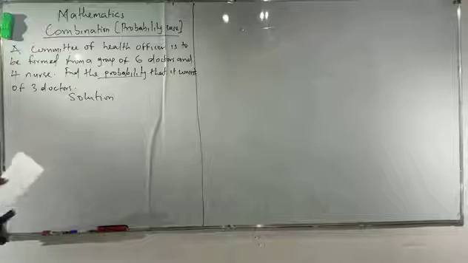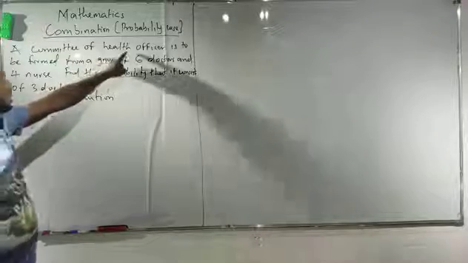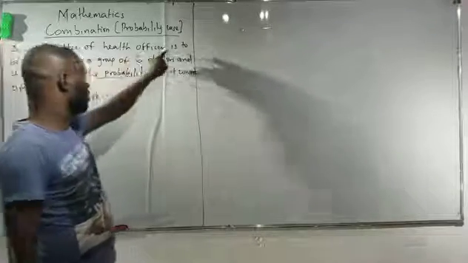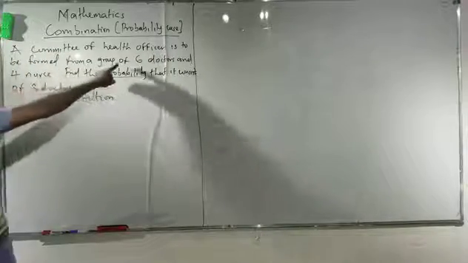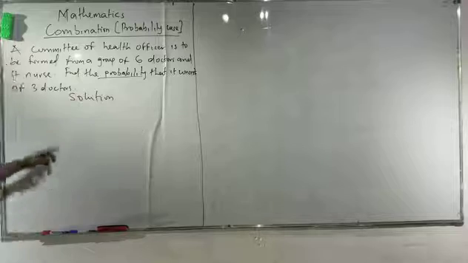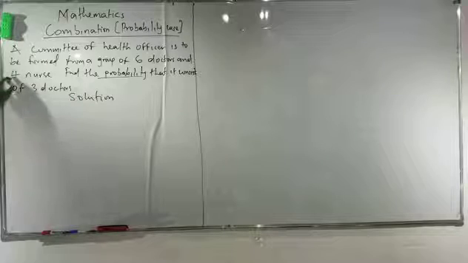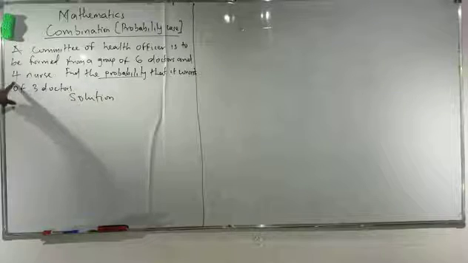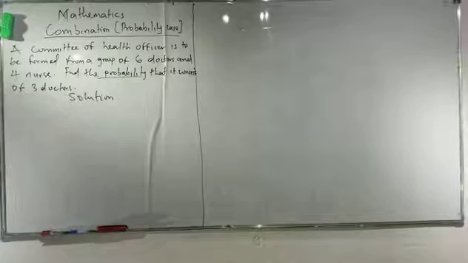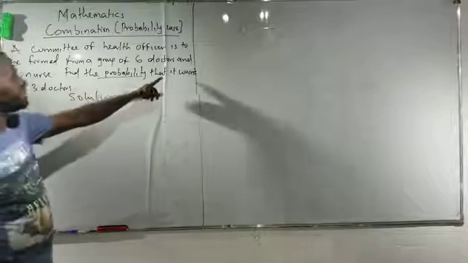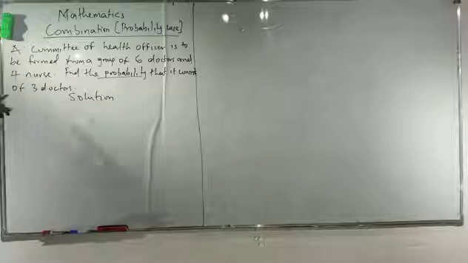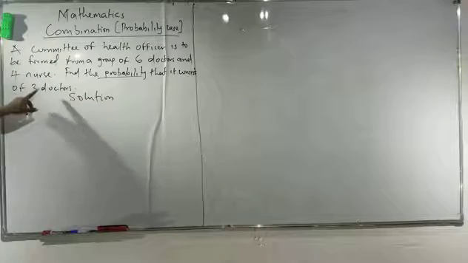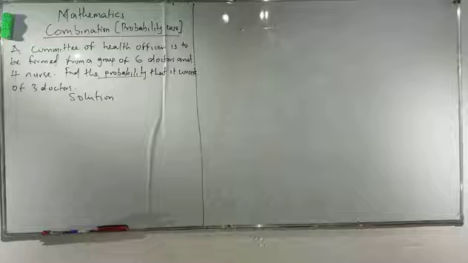Statement: a committee of health officers is to be formed from a group of 6 doctors and 4 nurses. Find the probability that it consists of 3 doctors. That is what you are to find.